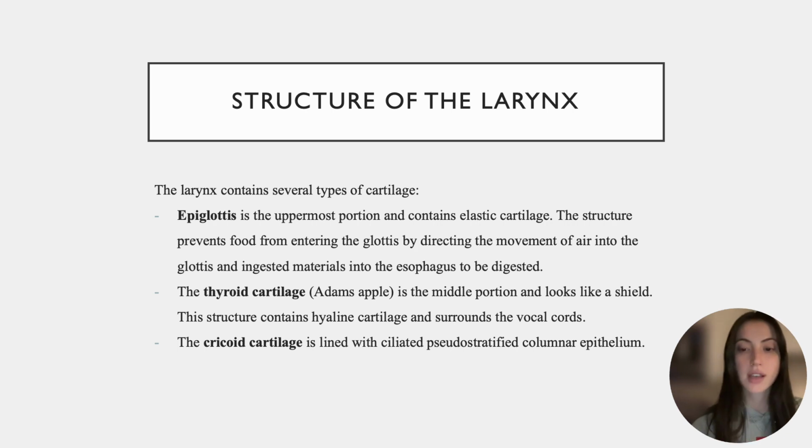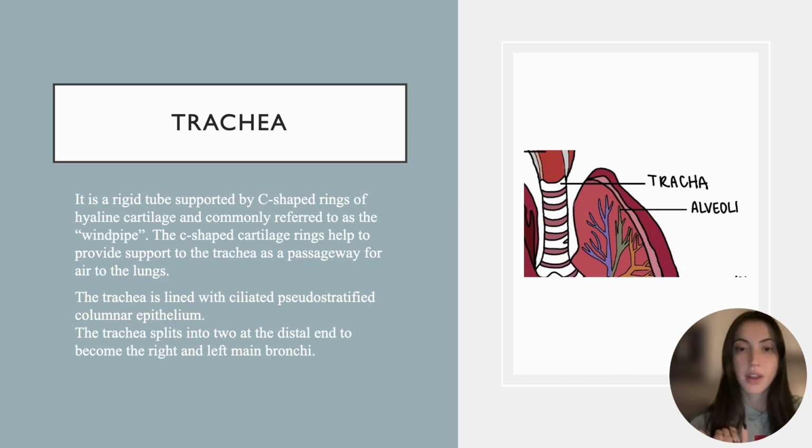After the larynx will be the trachea. The trachea is a rigid tube supported by C-shaped rings of hyaline cartilage and commonly referred to as the windpipe. You can see the C-shaped rings on the picture here, depicted by the different colors on the trachea. The C-shaped cartilage rings help to provide support to the trachea as a passageway for air to the lungs.